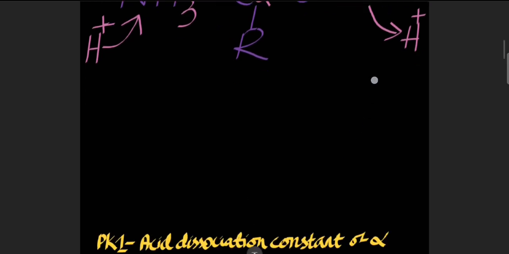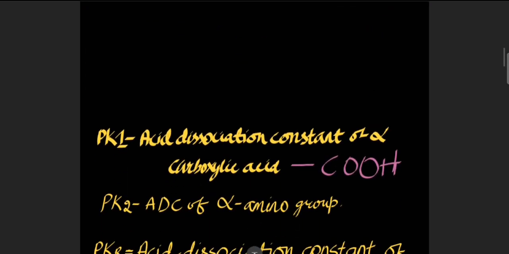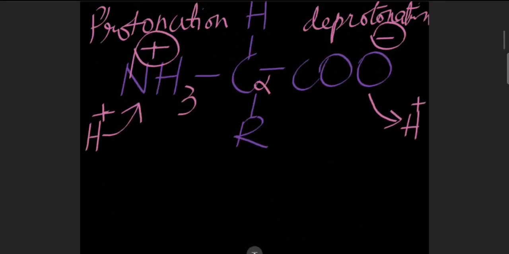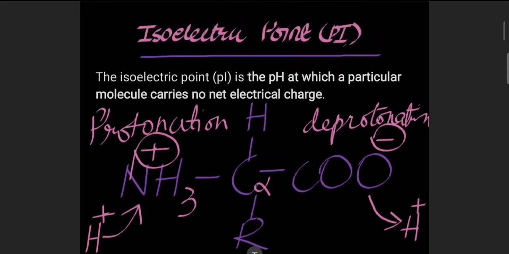Now another one is pKa₂. pKa₂ is the acid dissociation constant of the alpha amino group. I can see that this is the alpha amino group. How quickly does this amino group receive or donate a hydrogen ion depends on that.